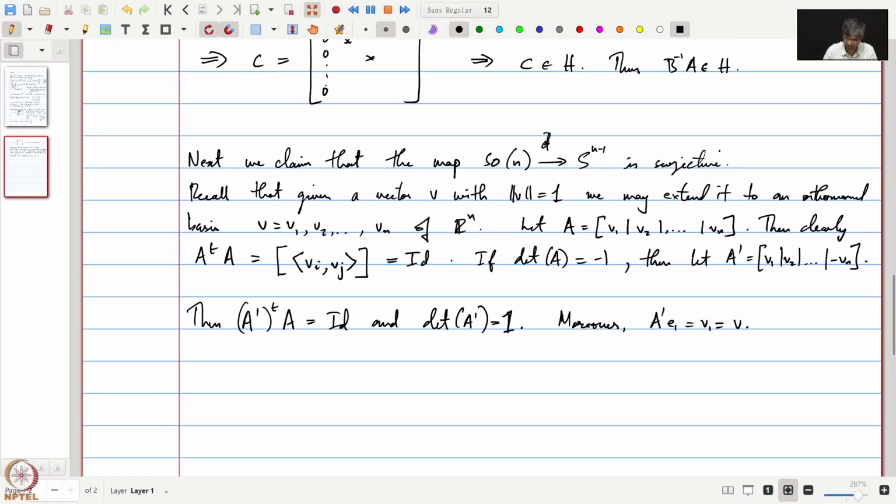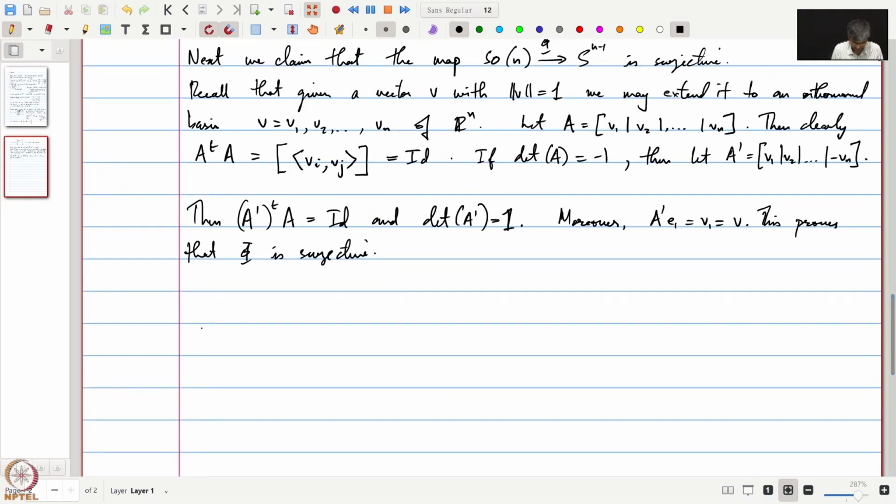So this is the map phi, and this proves that phi is surjective. Okay, and we need one more ingredient, so let's look at that.